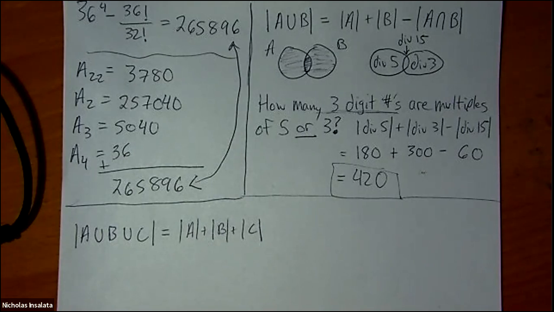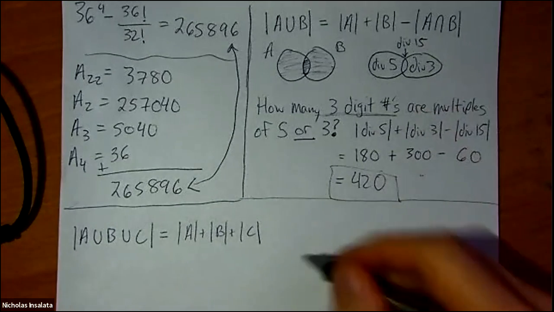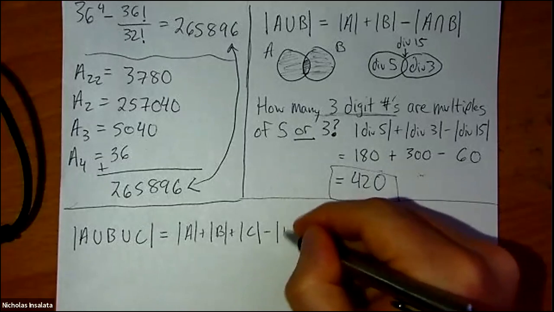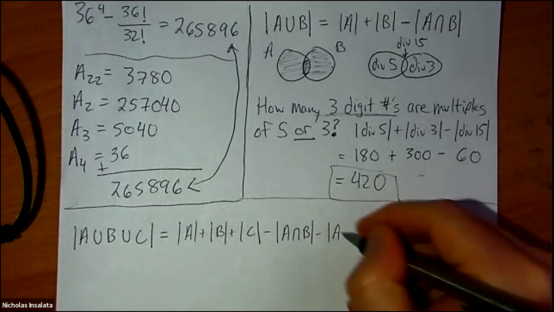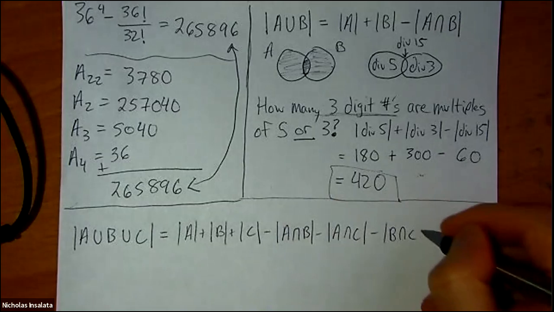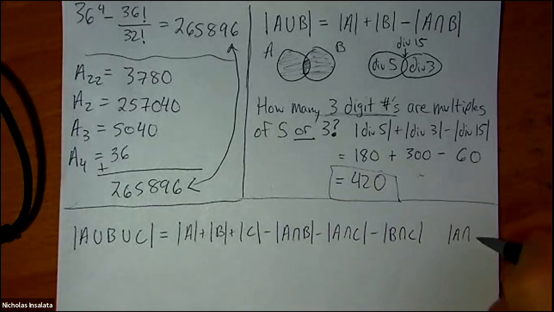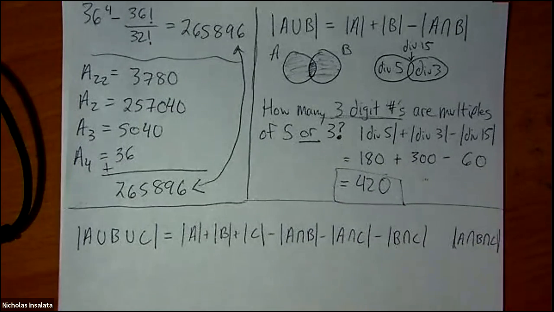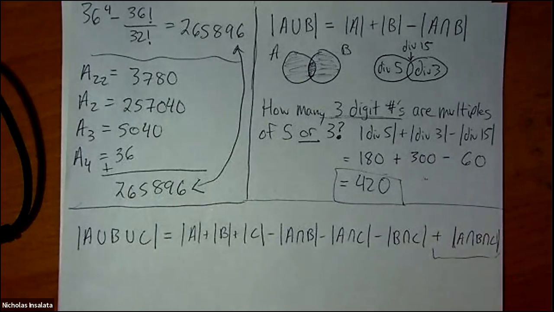Okay, then we subtract off all of the intersections, but now there's 3 different ones, right? So now we're subtracting off A intersect B, and A intersect C, and B intersect C. But what do we do with the intersection of all 3 of them? We add it back in. Great, why? How did that happen?